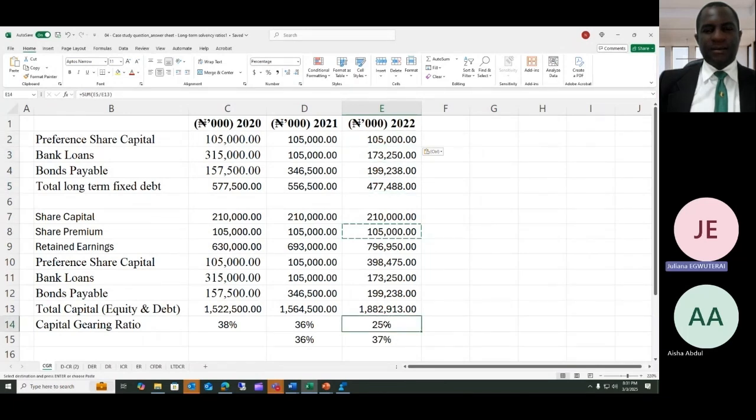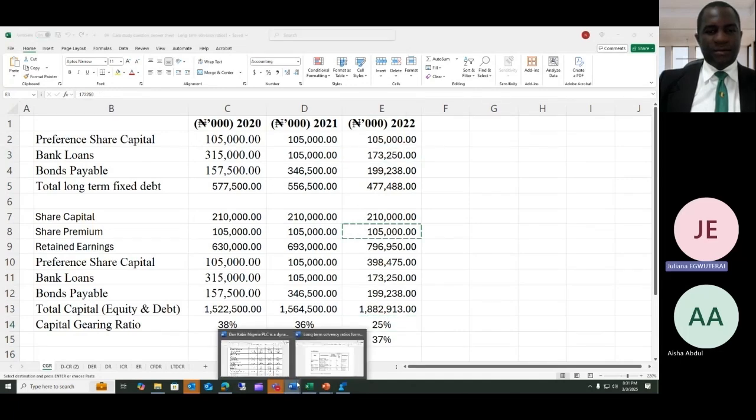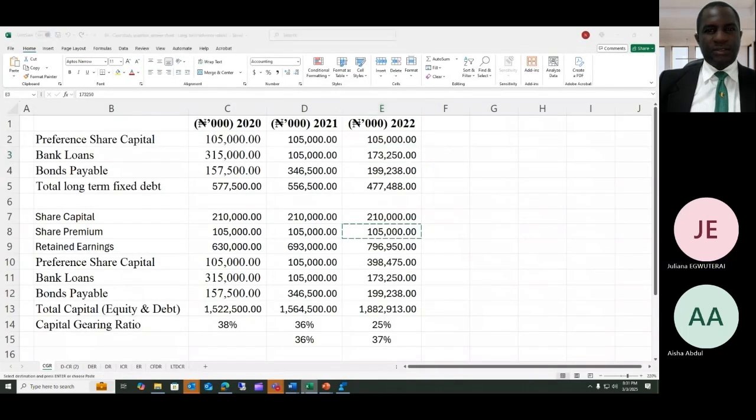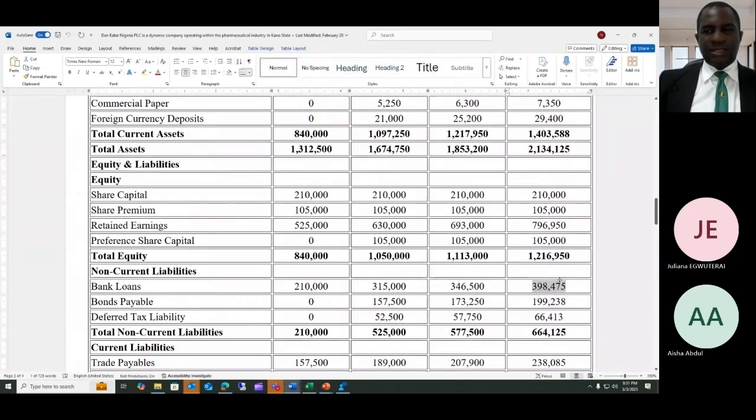Bank loan is 398,475. Look at the bank loan again. Yes, bank loan 398,475. Then what of bonds?